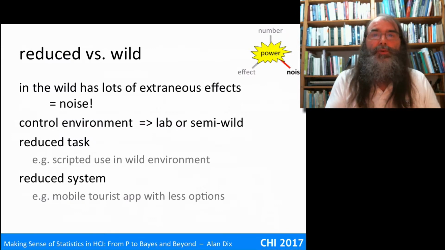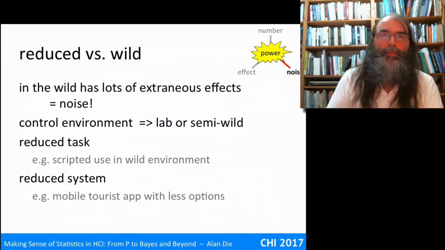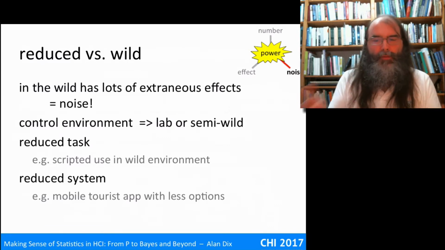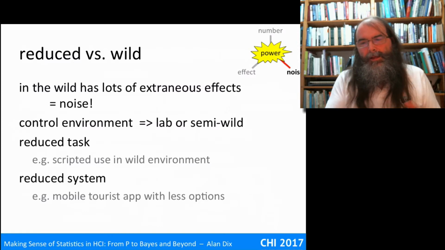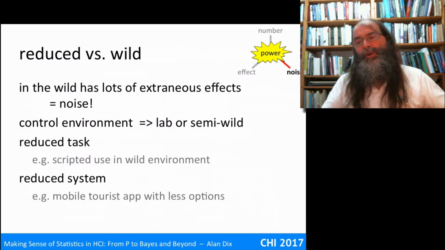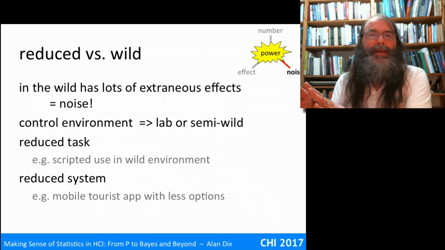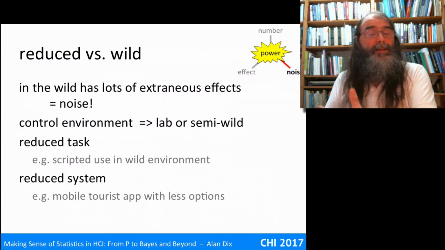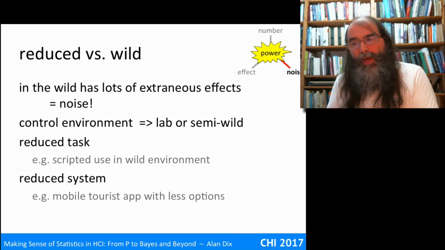They might choose to do different things, they might be in different places. Classic of this might be, say, a tourist guide and all the different ways people can use it. So in one sense, if you can control things, if you can put them in the laboratory, if you can make the situations semi-wild, you perhaps put them in a natural setting but make them do a fixed set of tasks, then you actually reduce the noise.